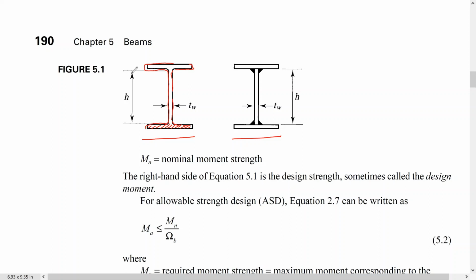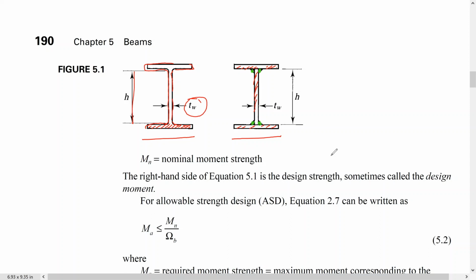And this one, the height is H, and this is the web thickness. And similarly here, but this one is like a plate. We do have plates here and there, and they are welded together, and this is a welding area, okay? Welded together to form what we call a plate girder, okay?